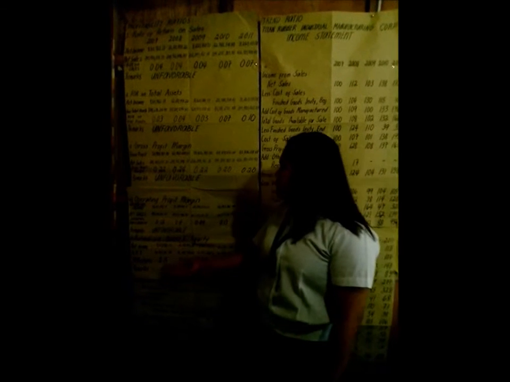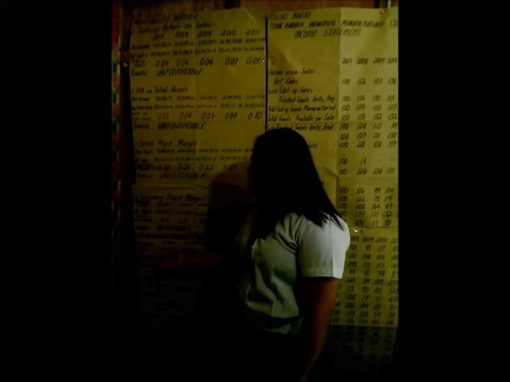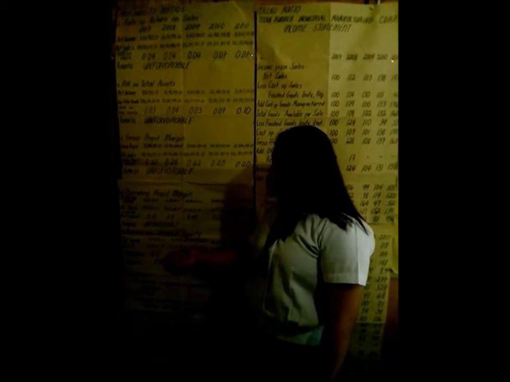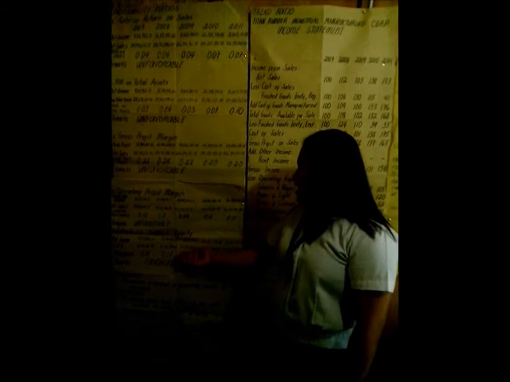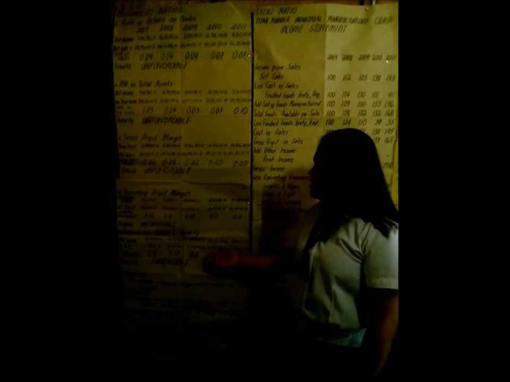The average owner's equity for 2007 is 61.9 million, 72.2 million in 2008, 81 million in 2009, 95 million in 2010, and 119.1 million in 2011.